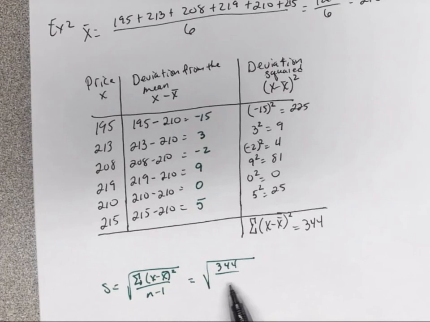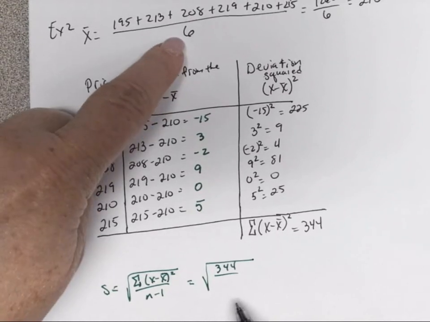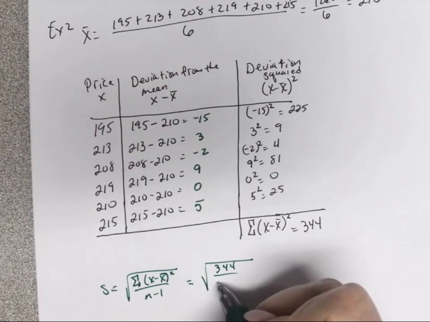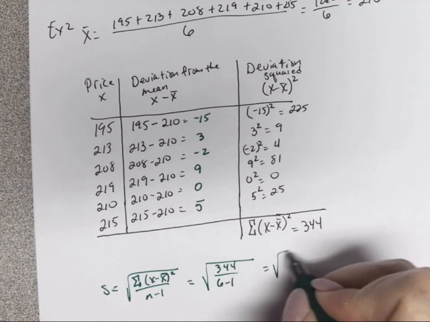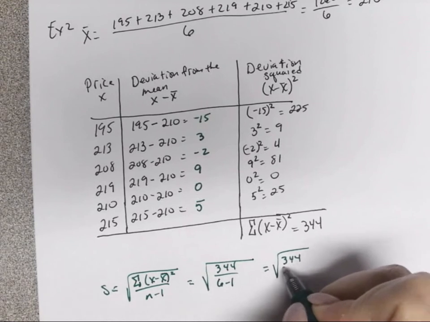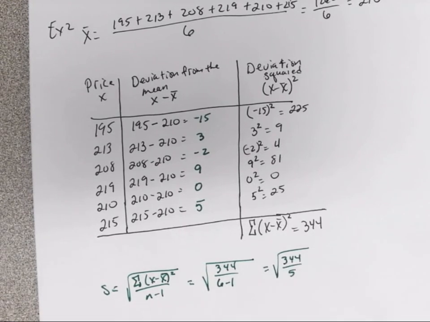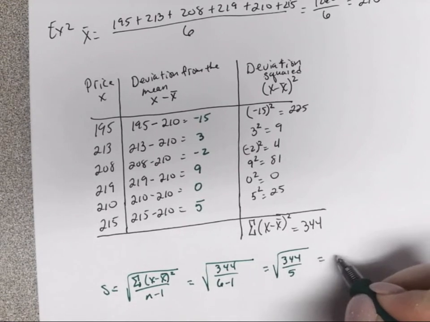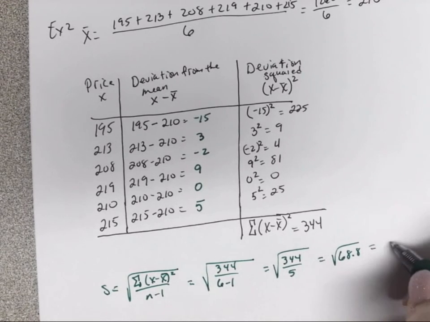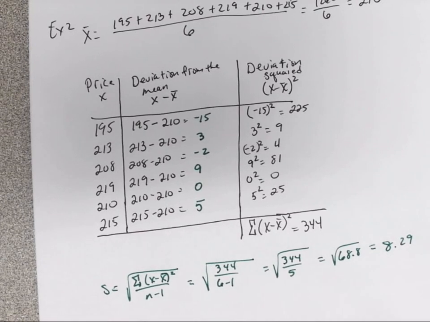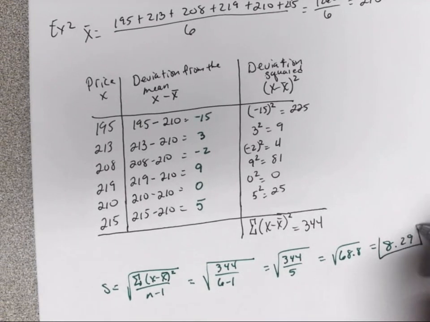The number of terms we found up here in our mean, so that will be 6 minus 1. That'll be the square root of 344 divided by 5, which will be the square root of 68.8, and that'll get us 8.29. So that is the standard deviation, and that would be our final answer.